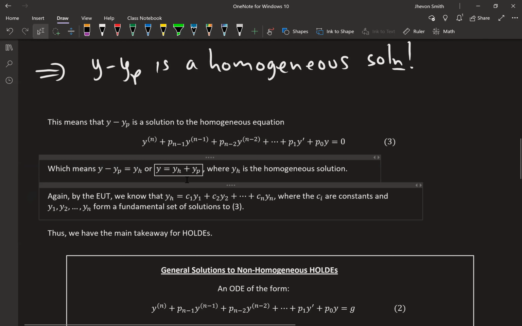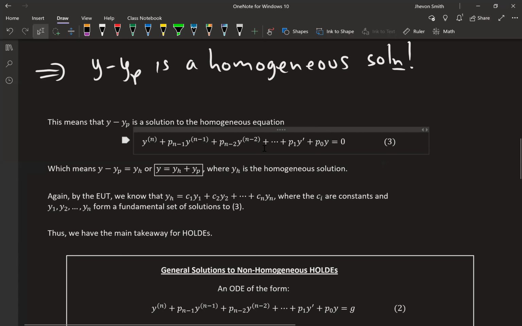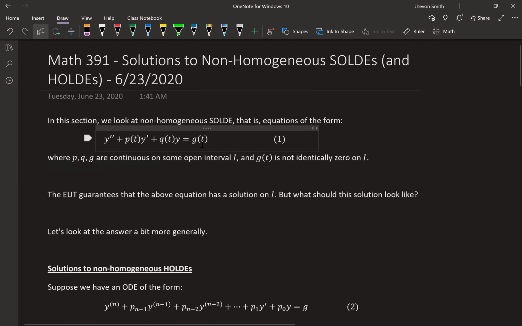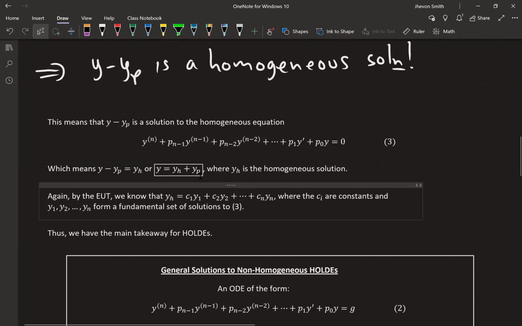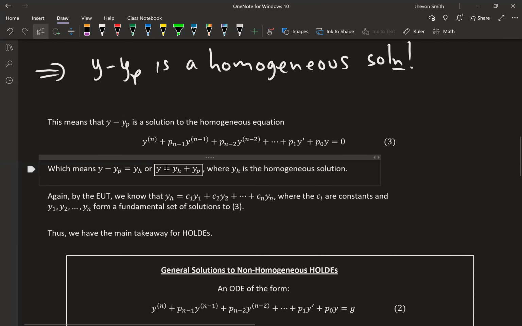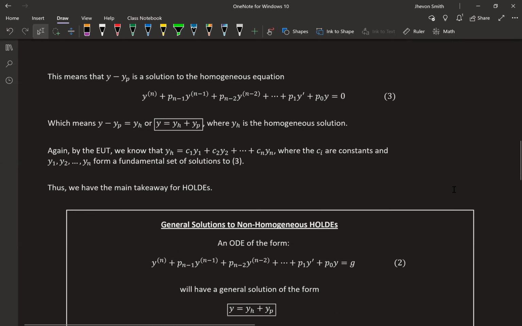So it's one particular solution, which means Y sub H solves the equation if you put 0 on the right side. And Y sub P is just one specific function that solves the equation with G on the right side. You can add one specific function and combine it with the homogeneous solution, and that is going to give you the general solution.